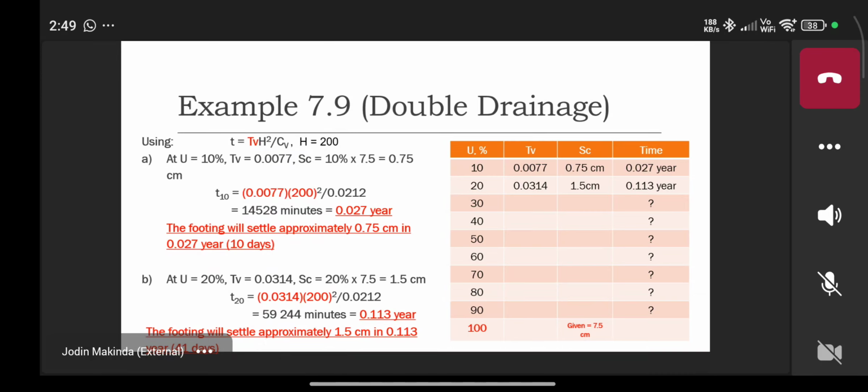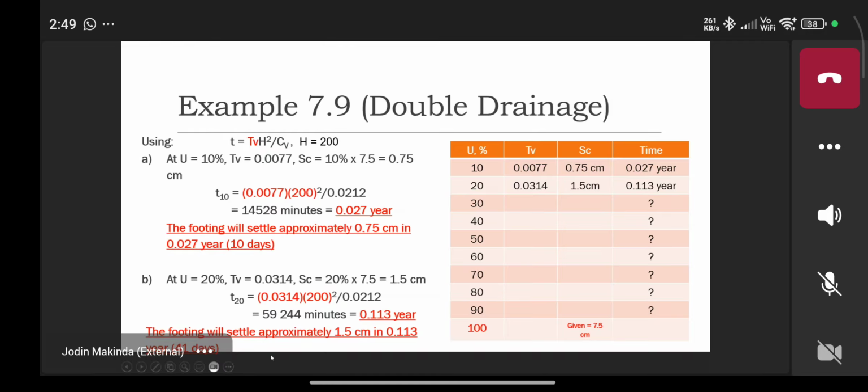If you repeat the calculation for 20%, you can see that the time factor is 0.0314 from the equation, or from the table, or from the figure. And then SC is 20% of the total, so 1.5.